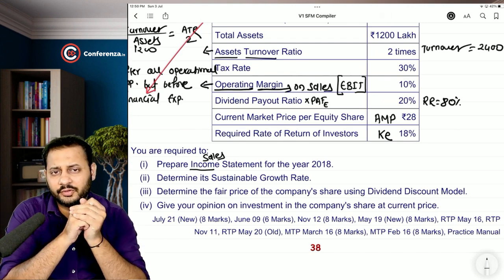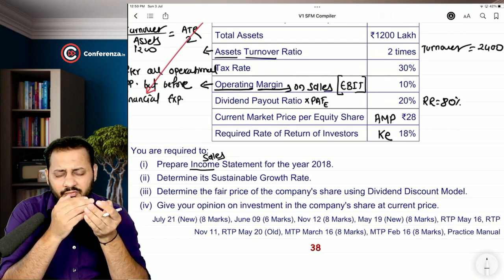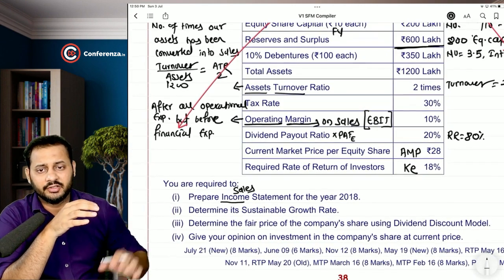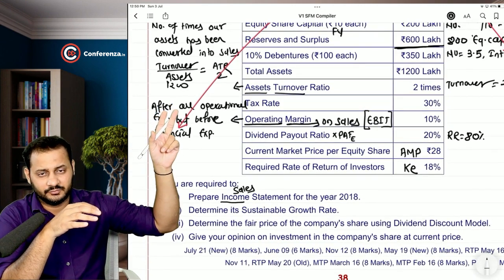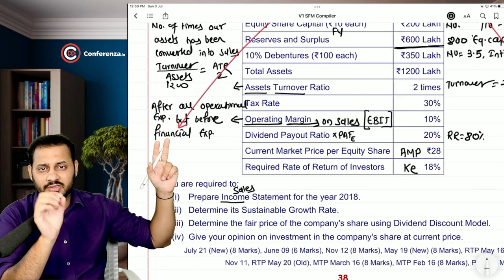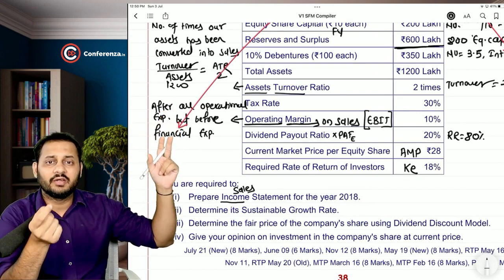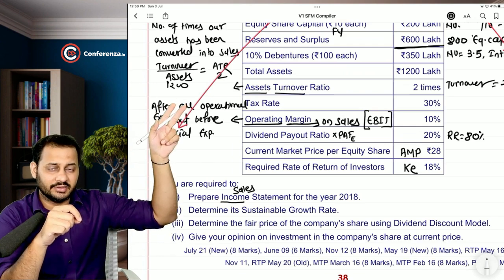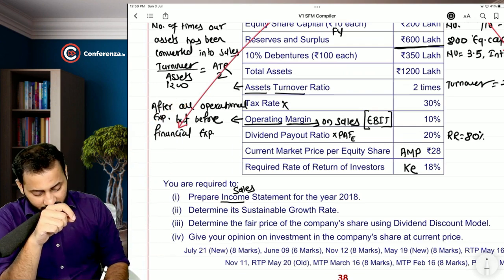So just imagine: first, deduct all the expenses from the sales which are related to the operations. You will arrive at EBIT, then deduct the financial expenses, that means interest. You will arrive at the EBT, then deduct the tax because the tax rate is given. Tax rate will be applied on EBT.